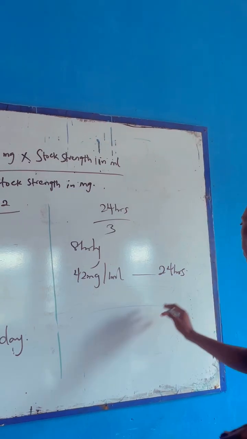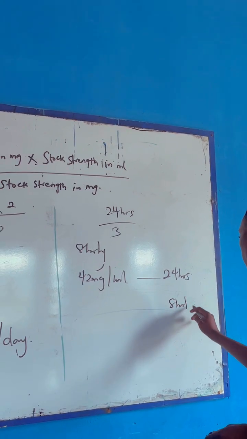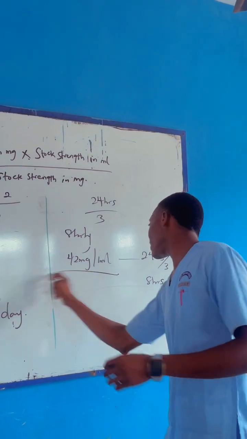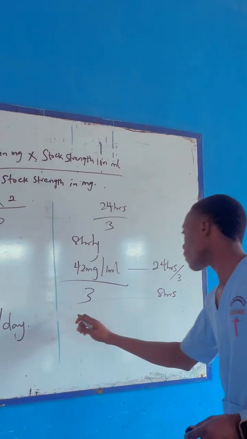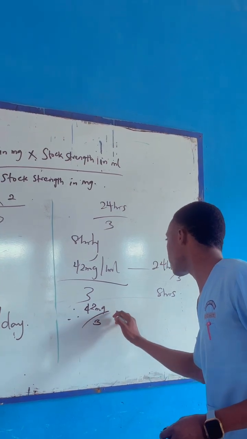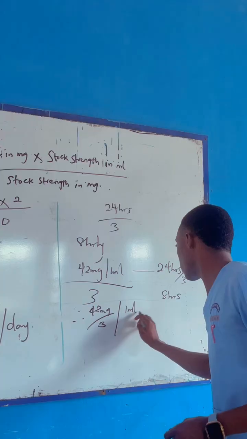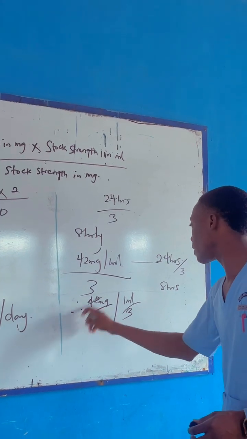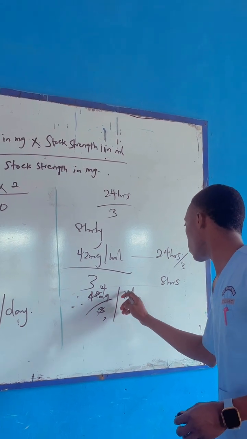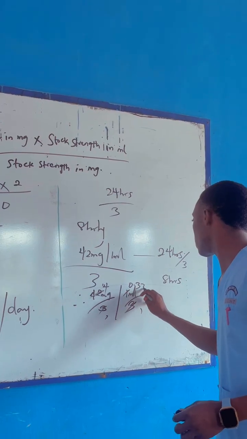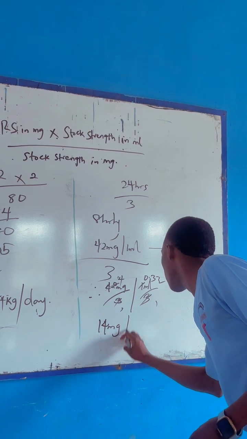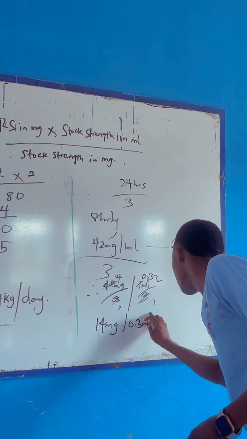So to get our 8 hours, we divide by 3. That is 42 milligram divided by 3, 1 ml divided by 3. 3 into 42 is 14, and 3 into 1 gives 0.3333. So we have 14 milligram per 0.3 ml.